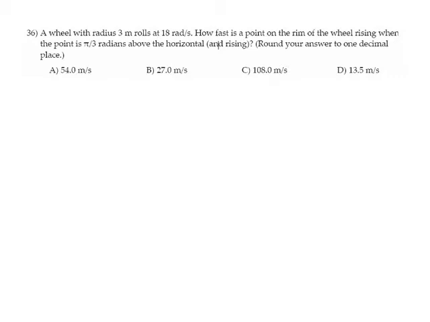Okay, this problem, we've got a wheel with a radius of 3. Draw yourself a picture. The wheel has a radius of 3, and it rolls at 18 radians per second.